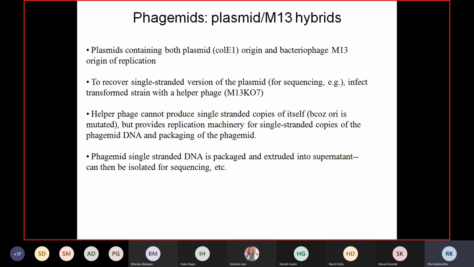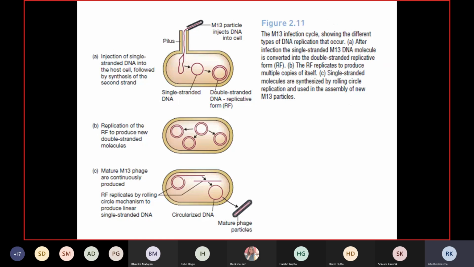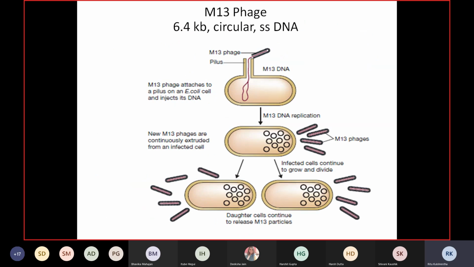So when I'm discussing M13 phage, let me quickly tell you that the coat protein of these phages is largely made with proteins called P3 and P8.